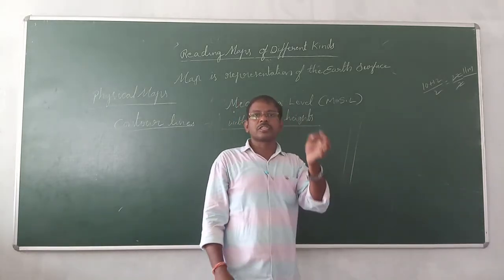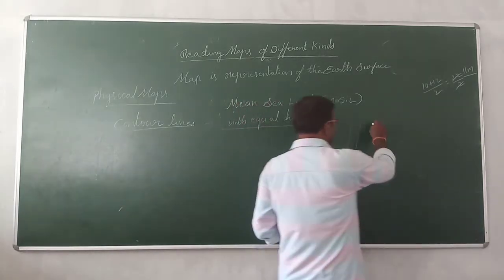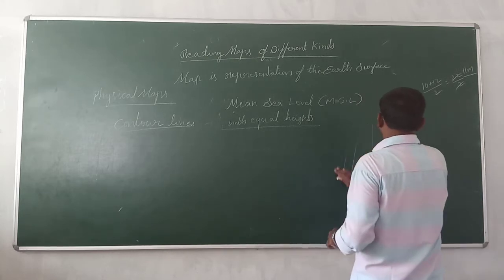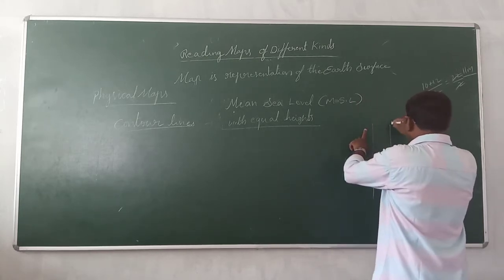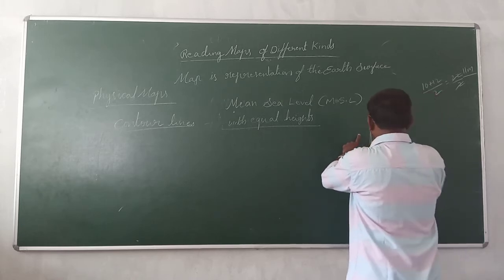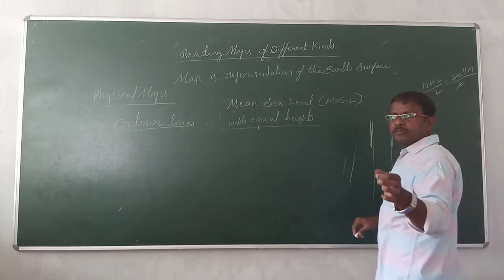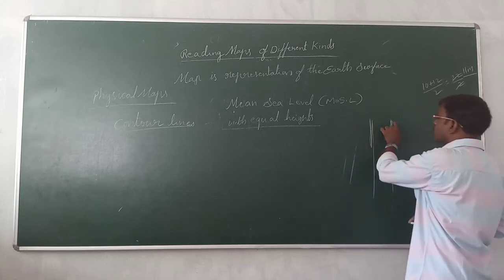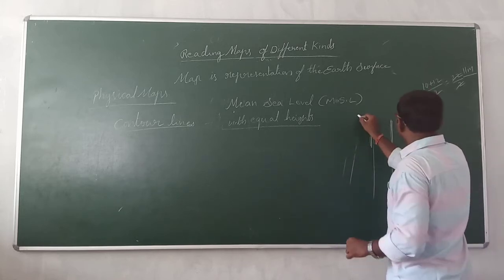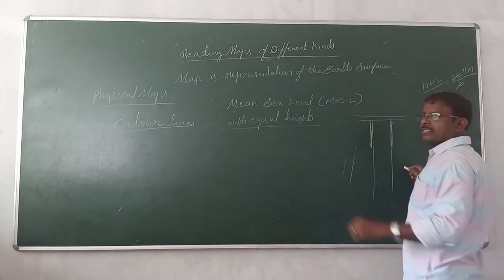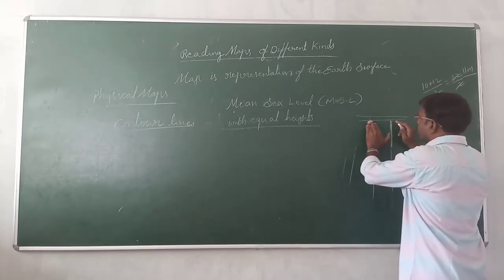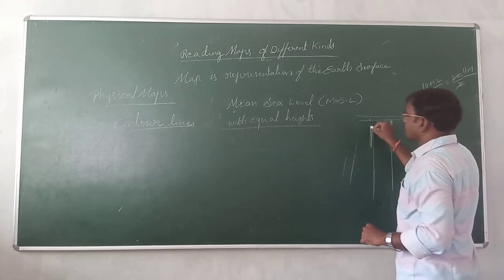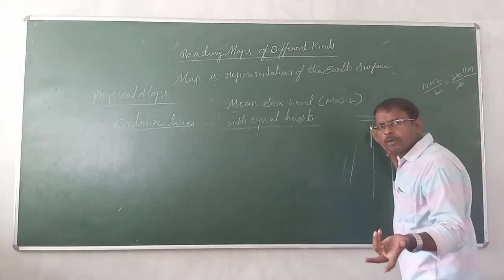If you want to construct a dam on the river, we don't know how much height this place and this place are. If you see the map, we can easily identify how much height is there, so we know whether it is possible to construct a dam or not. Suppose this is higher, this is lower, then how much height is required here? We can easily identify using the map.